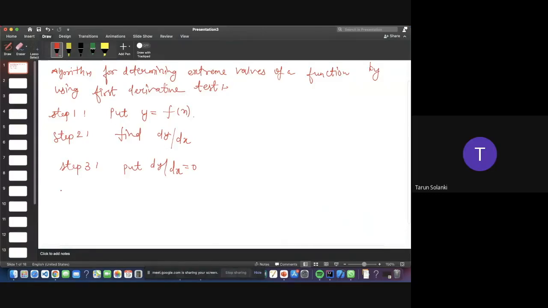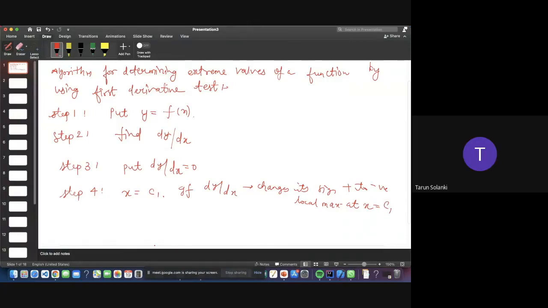After that, step 4: consider x equals c1. If dy by dx changes its sign from positive to negative as x increases through c1, then the function attains a local maximum at x equals c1.